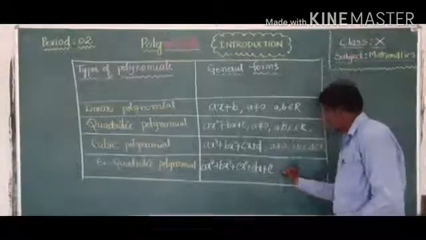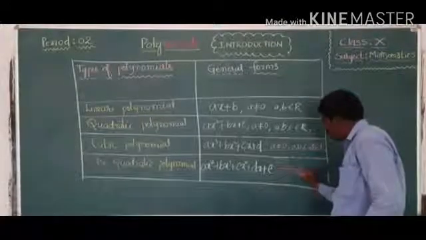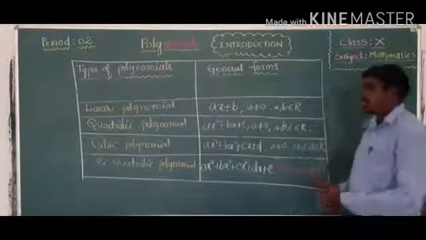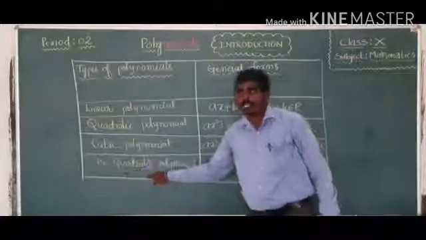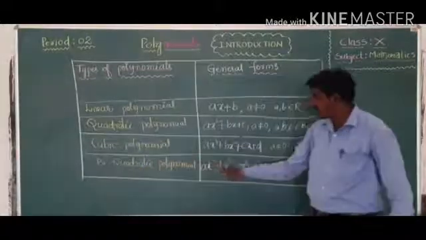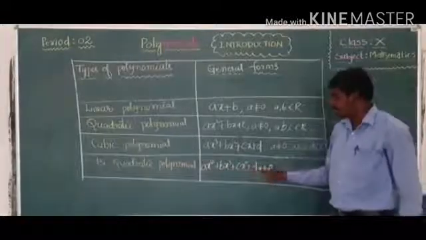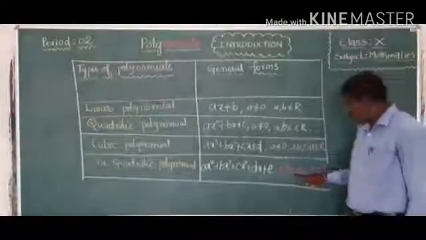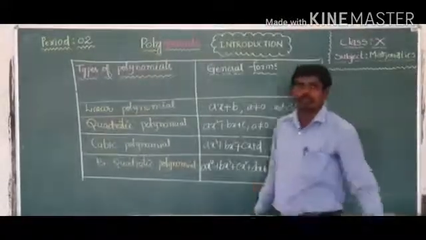Here also a must be not equal to 0, and a, b, c, d, e belong to real numbers. Now the degree is 4, and degree 4 means a biquadratic polynomial.